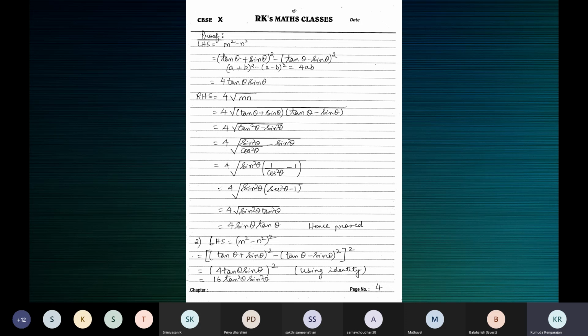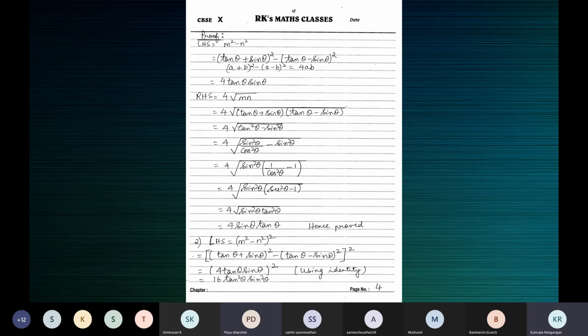He wants to take the LCM, so let's take the LCM. Cos square theta is the LCM, right? Yes, ma'am. Okay, so what do you have in the numerator? 1 minus cos square theta, by cos square theta.